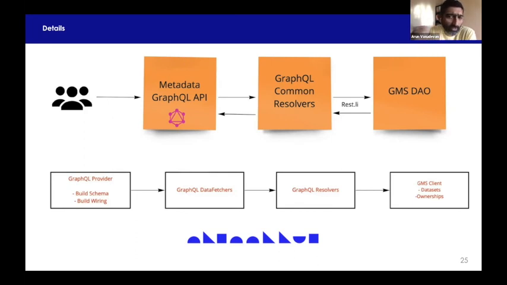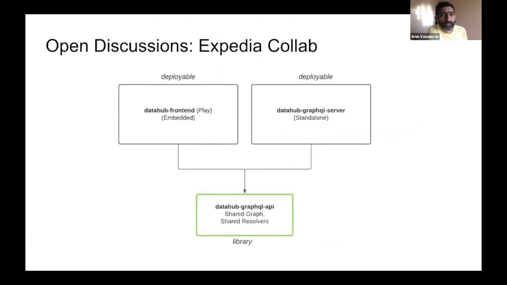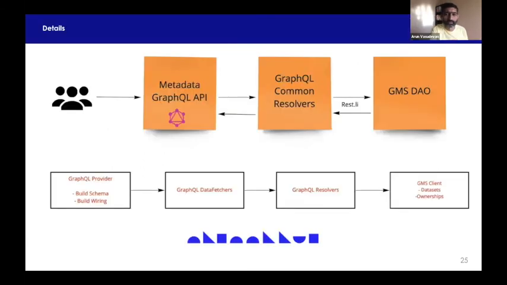From there would be the Rest.li call to the GMS DAOs and specific GMS clients, say datasets or ownerships or any of the other things, like the ML model that gets added. So all of this would be called from the common resolvers. This way, we would be using the same code for both the front end and the GMS APIs. That's all from me.